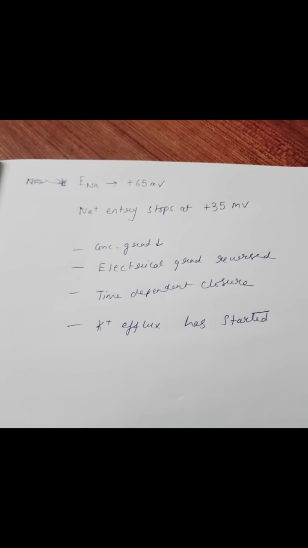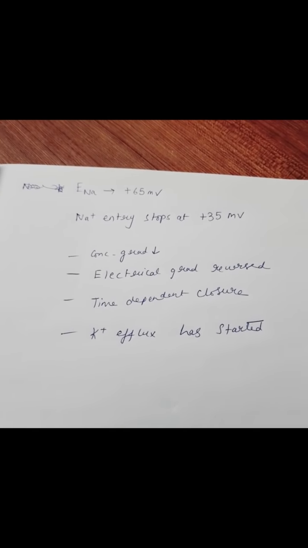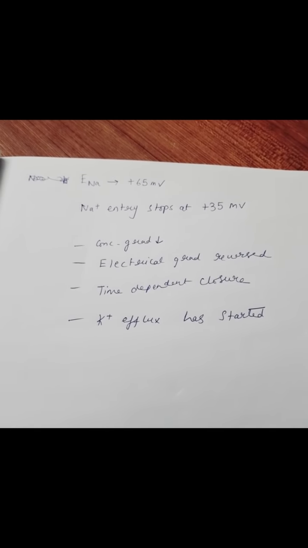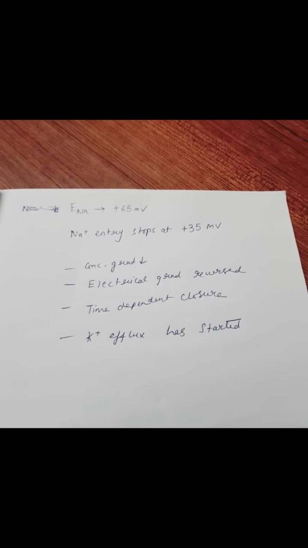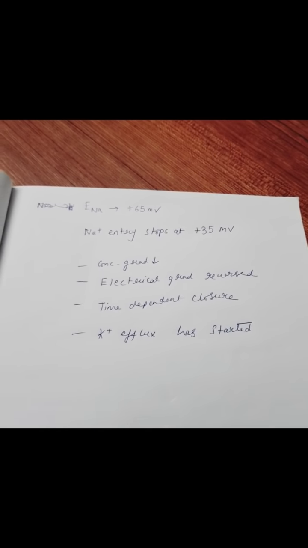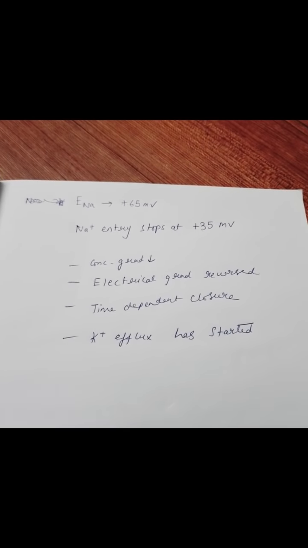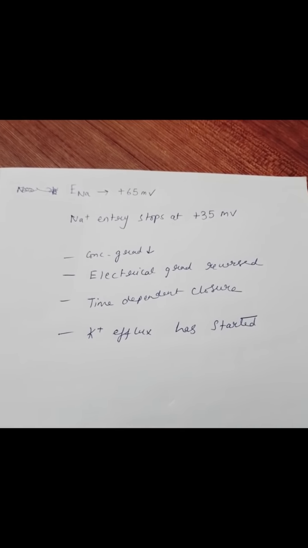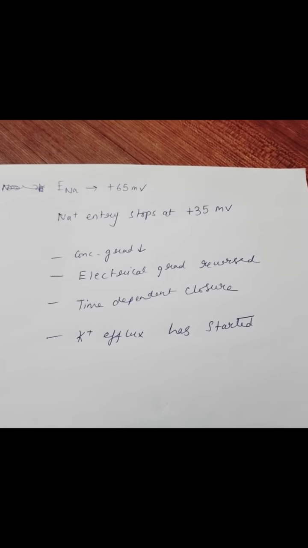There is also some time dependent closure of the sodium channels. Some time has passed, and irrespective of the voltage, some of the channels close. And finally, by this time, the potassium efflux has started.